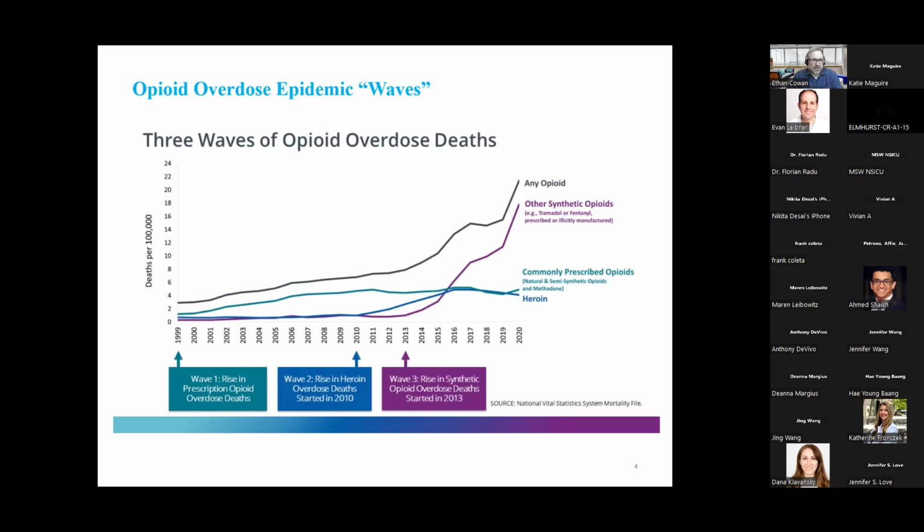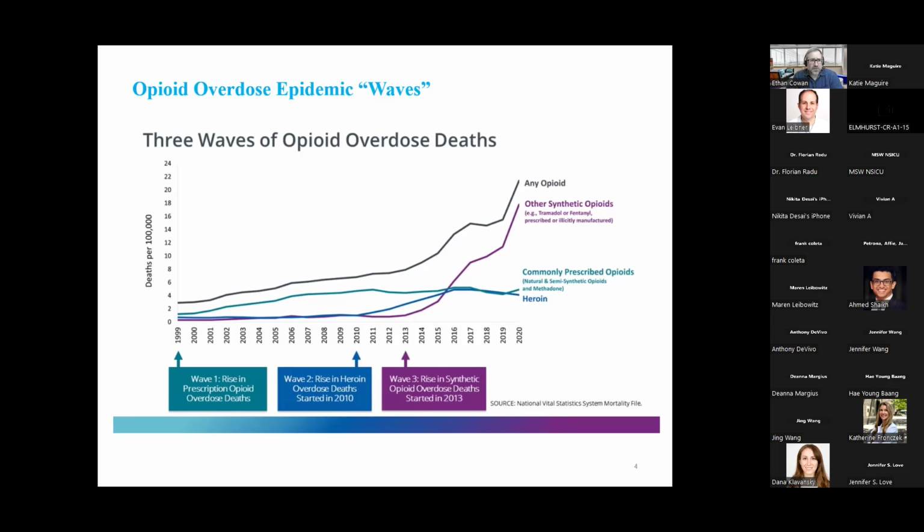Starting around 2010, we have a pretty significant crackdown on the overprescribing of opioids. And as prescribed opioids become less available, there's more of a movement to street opioids, predominantly heroin. That makes up the second phase of the opioid overdose epidemic, which begins around 2010.